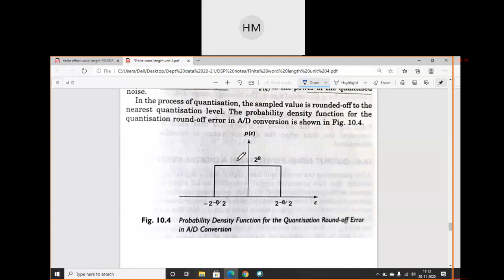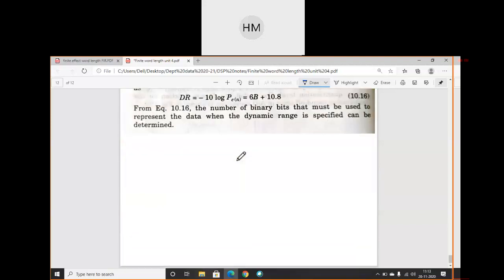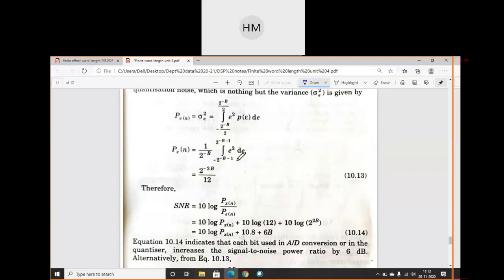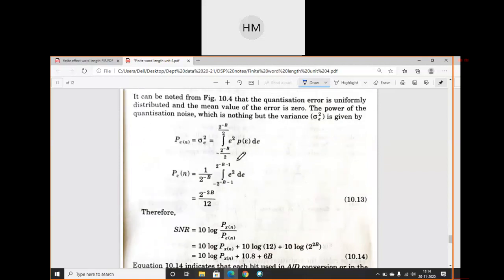Finished? Okay. So now just write down the SNR equation in the form of variance. It is mentioned and it is simplified actually. So do this derivation. The power of the quantization noise, which is nothing but the variance, sigma square, is given by, write down this equation, PE of n power is equal to variance.